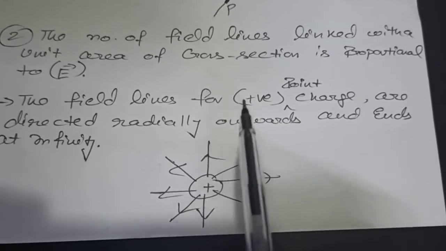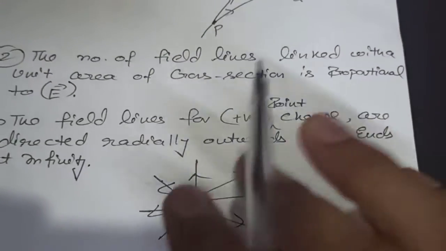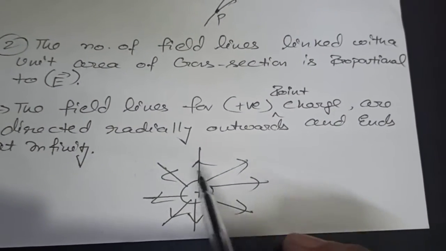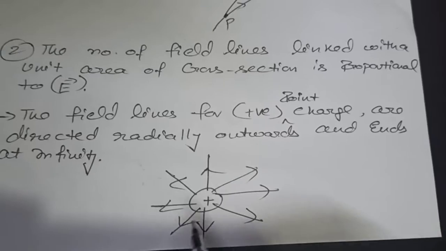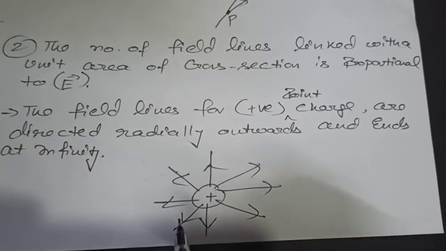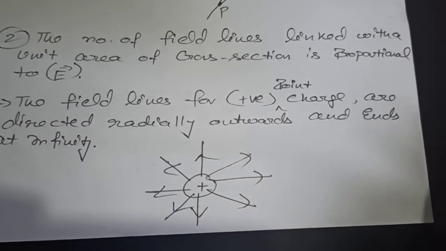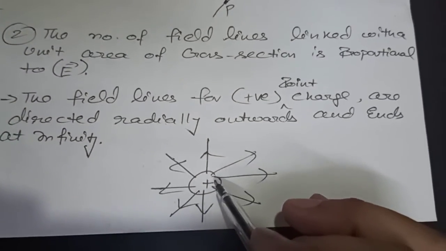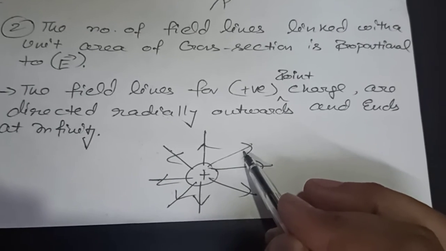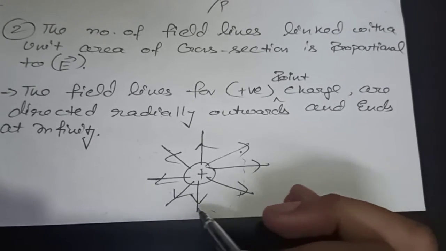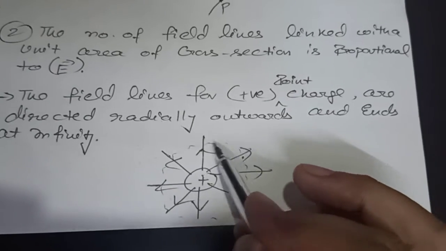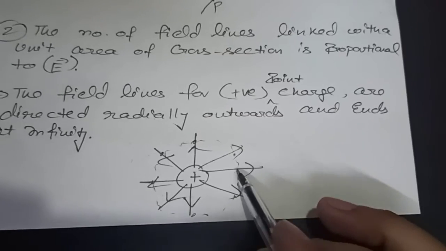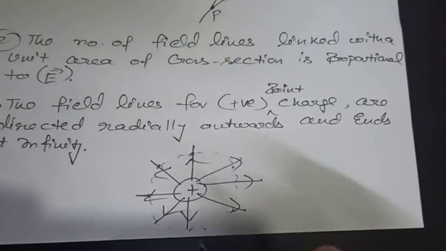Now the electric field lines for a positive charge. Let us suppose a positive charge is there in space. The electric field lines always go perpendicularly outward from that charge, in the radially outward direction, and they move up to a negative charge or up to infinity. What do we mean by radially? Radially means that from this point to 5 cm to 10 cm, if we draw a sphere, then the electric field line strength is always the same in the radial or spherical direction.